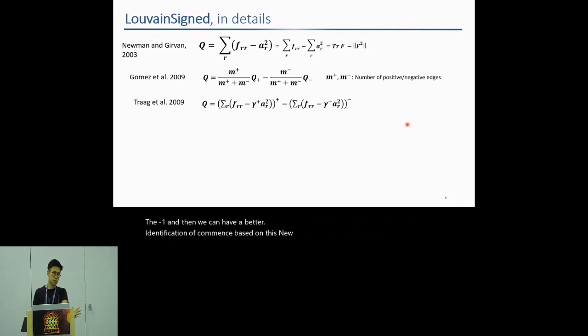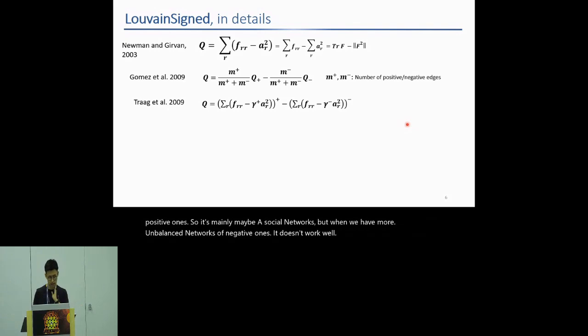And yes, it works in networks that have a similar amount of negative and positive links. So it's mainly maybe social networks. But when we have more unbalanced networks with many negative links, it doesn't work well.